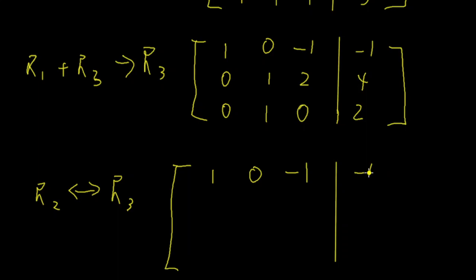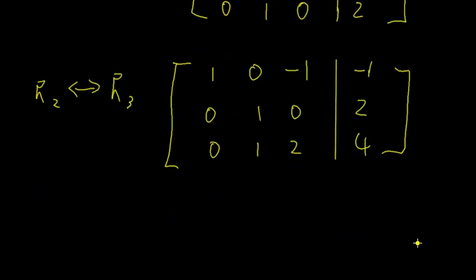Okay, so now move row 3 up to row 2. 0, 1, 0, 2. Now move row 2 down to row 3. 0, 1, 2, 4. Okay, so column 1 is solved. Okay, now what's next?